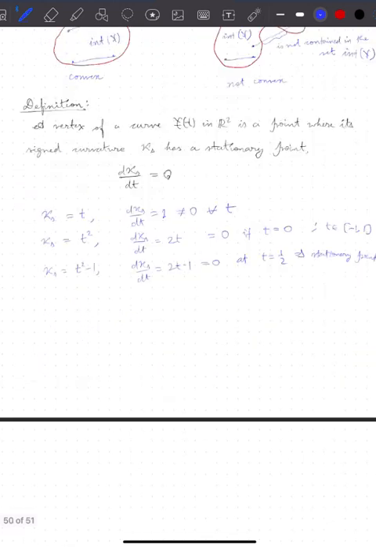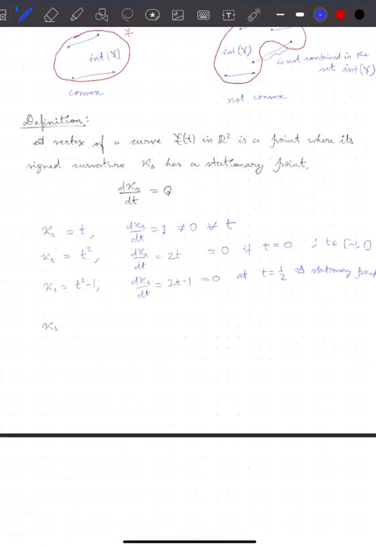In the special case of a circle, the signed curvature kappa is a constant. In this case, d kappa_s by dt is equal to 0, which means every point on a circle is a stationary point.